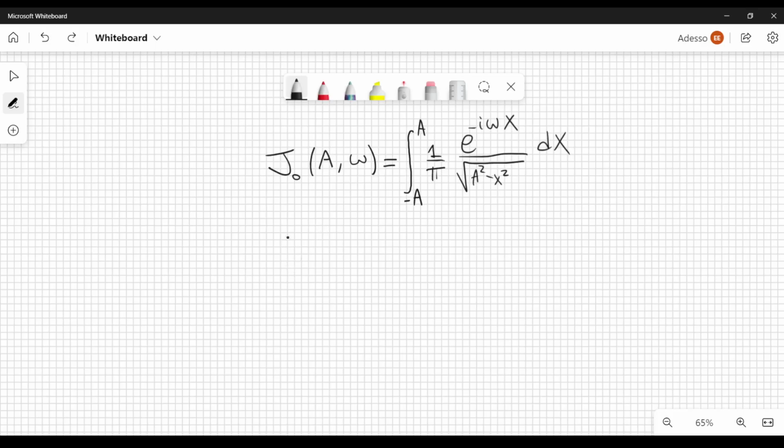Let's start our derivation. In particular, I will simply substitute x equal to a times the cosine of t in the integral.